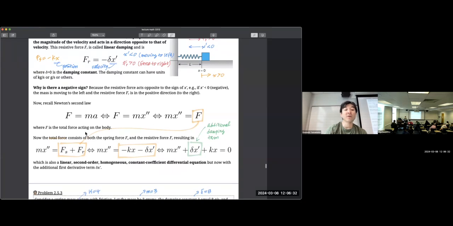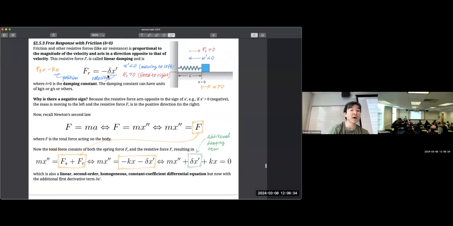So this additional resistive force is going to be proportional to the derivative. That means it's going to be proportional to how fast you're moving. So the faster you're moving, the greater your resistive force is.